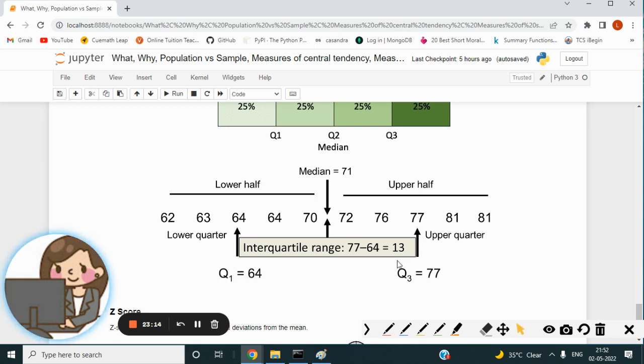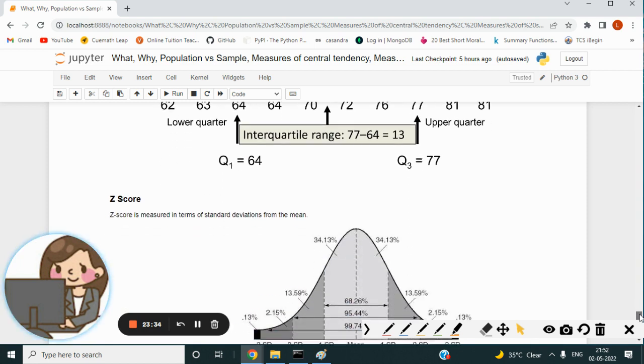The difference between Q3 and Q1 gives us 13. So the interquartile range is 13. This is another way by which you can find the measure of spread. More on quartiles and percentiles will be covered in later tutorials that I will be uploading.